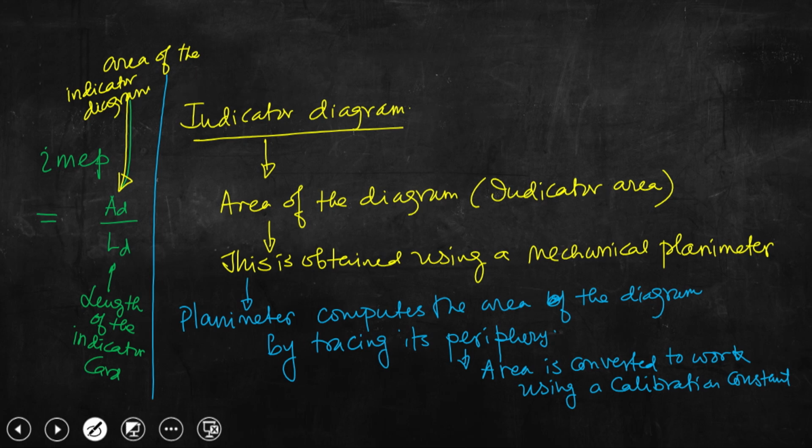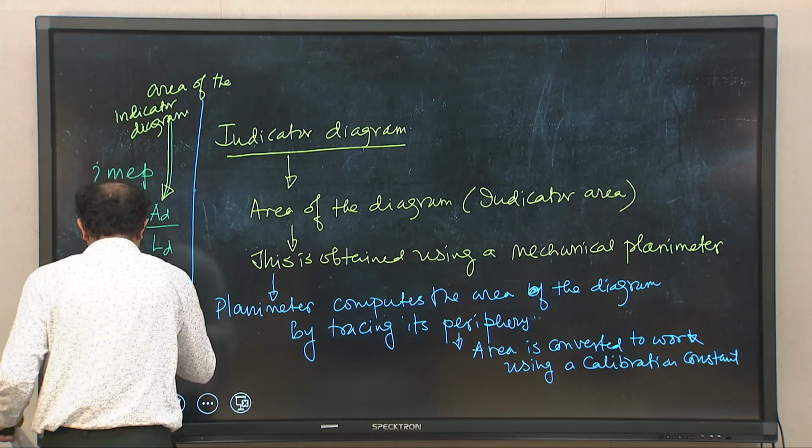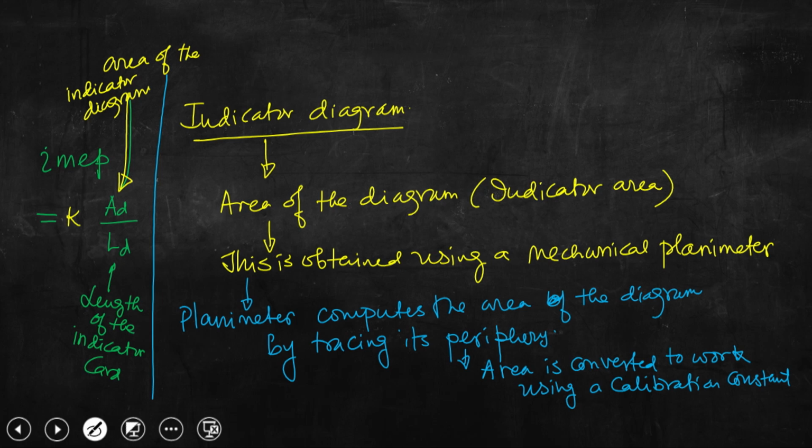Okay. So, this indicated mean effective pressure is obtained by knowing the area. If we divide it by the length of the indicator card, that will give the ordinate length in millimeter. This is multiplied with the constant k, that is the calibration constant. So, thus we can write that the indicated mean effective pressure, obtained using this indicator diagram, is AD by LD, where AD is the area of the indicator diagram measured using the planimeter.